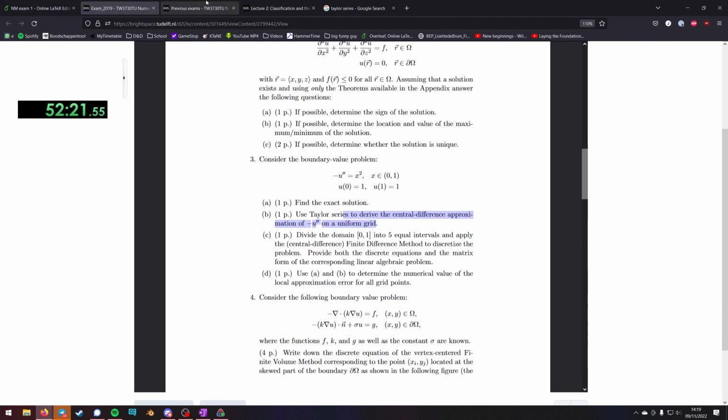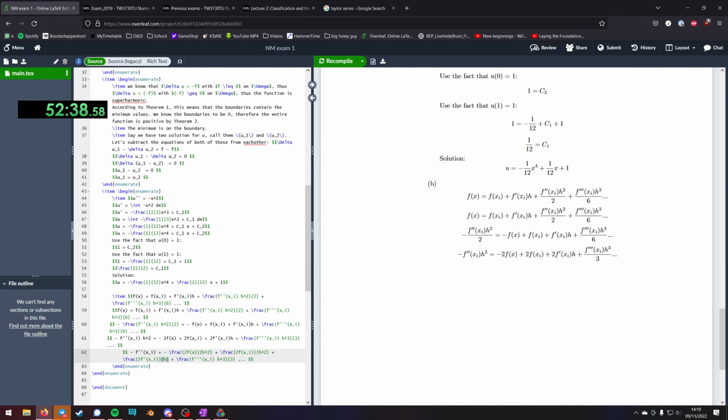Yeah, that's true. But they don't really say that you need to only use 2 points. Maybe that's in the definition of central difference, but technically you could go further. But I'll just do it for 2 points. Yeah, I think he says central difference is an order h squared approximation. So it's the definition of the thing.